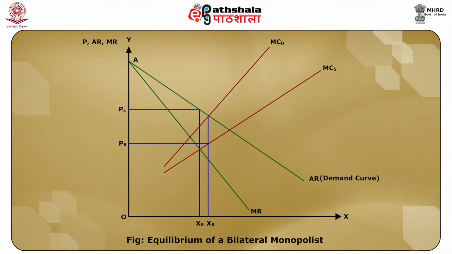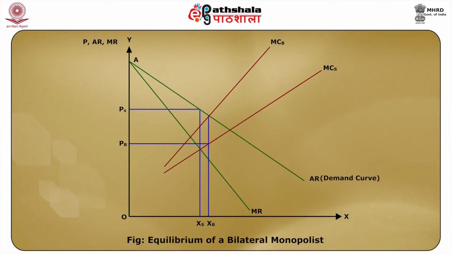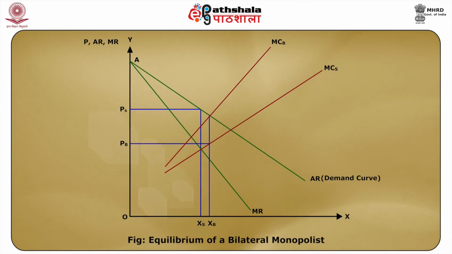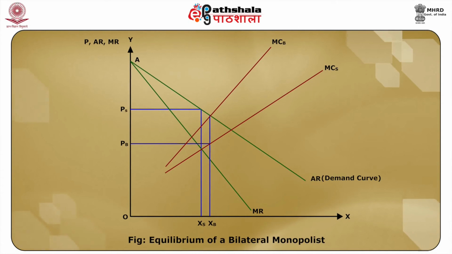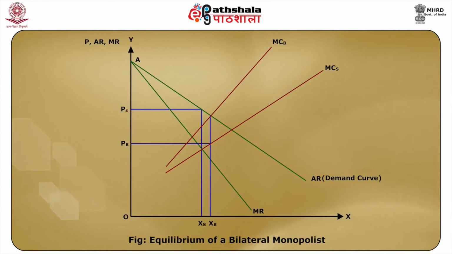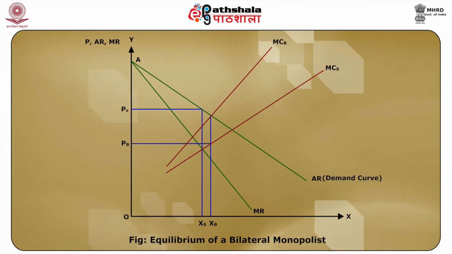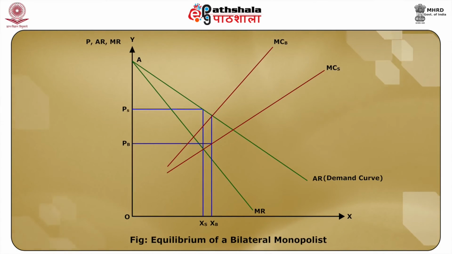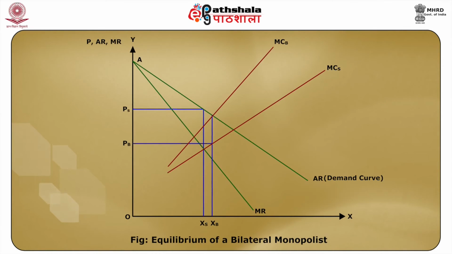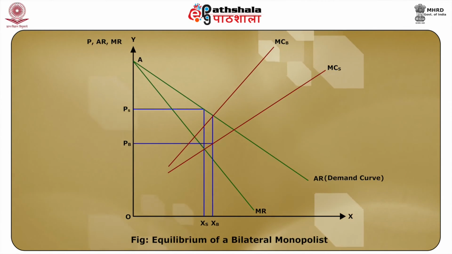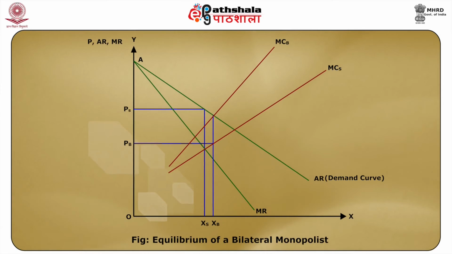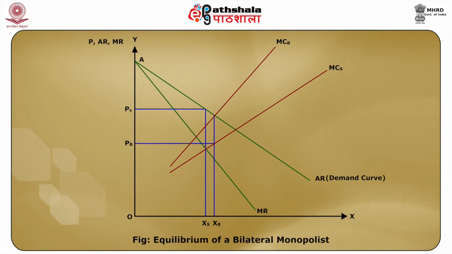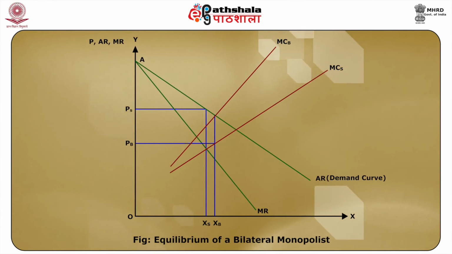If the monopolist has superior bargaining power, she will make the buyer behave as if there were many buyers. She will equate marginal cost S to marginal revenue and will produce XS and will charge price PS. However, if the single buyer has supernormal bargaining power, she can make the monopolist behave like a perfect competitor.